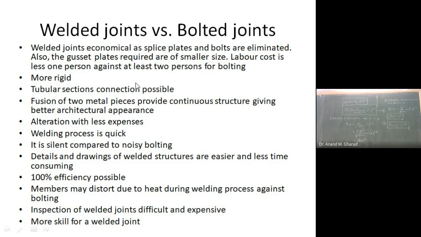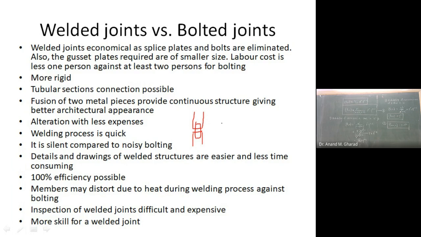What is done? If this is a column and this column is to be connected with this bottom column, they are connected with the help of such plates. These are known as splice plates.